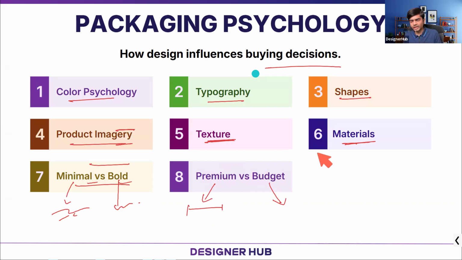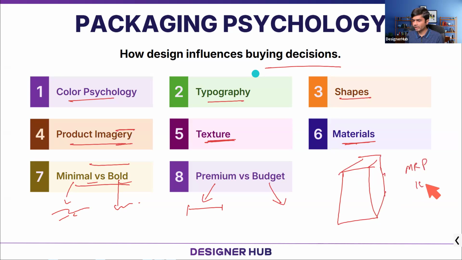So many of the clients, I'm telling you from real experience, everybody will tell me, I need the best premium packaging. Okay, but the product MRP will be like 100 rupees. What premium packaging is he going to invest in on this 100 rupees? Trust me, he doesn't have that budget.